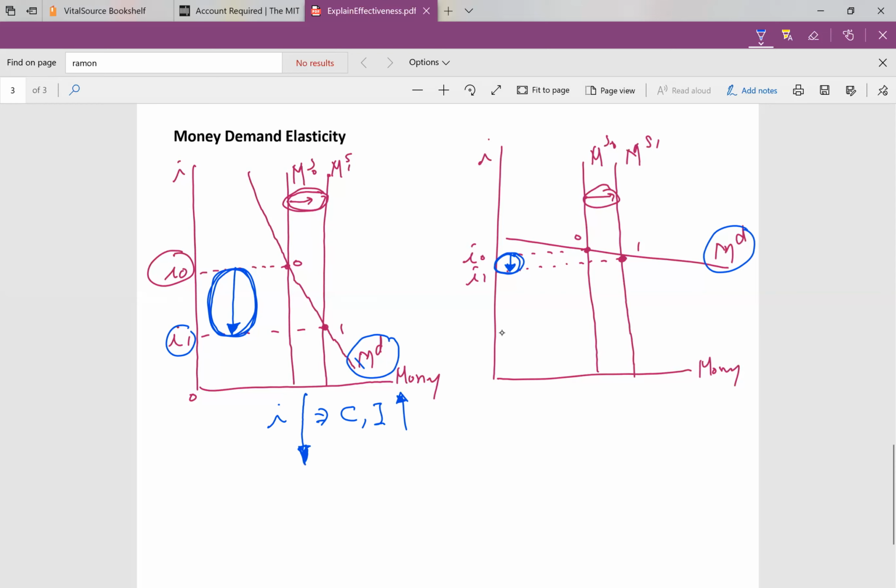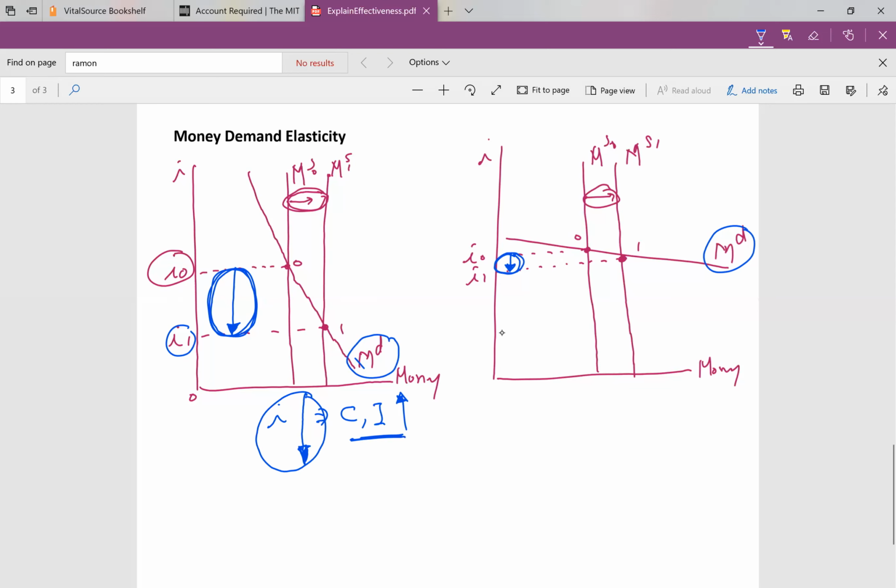It's very likely that when consumers and firms see a very large drop in the interest rate, they will borrow more money and they will consume and invest more.